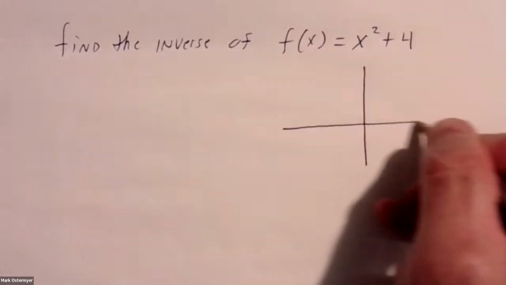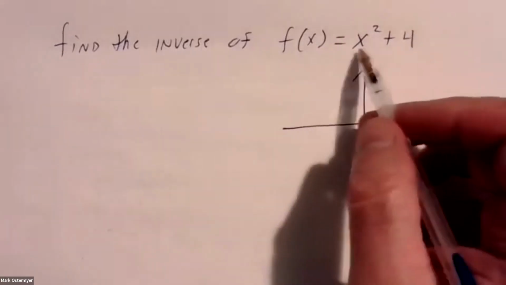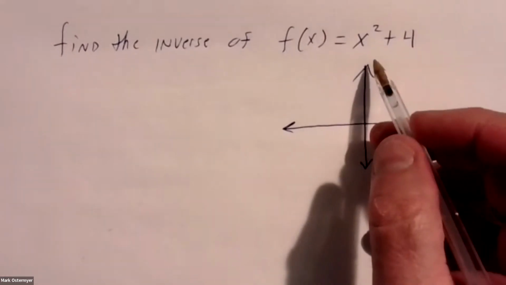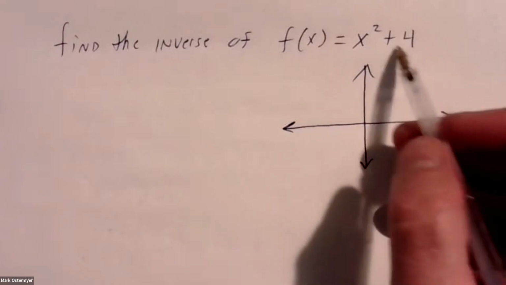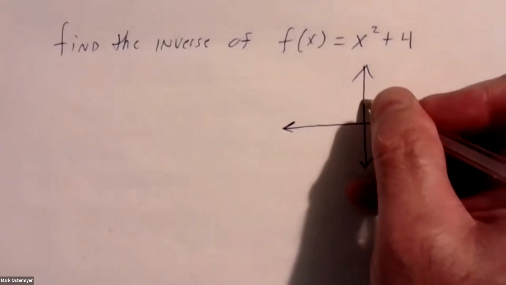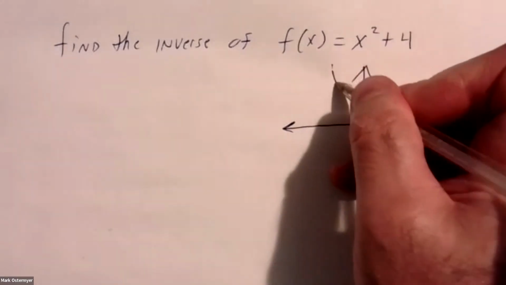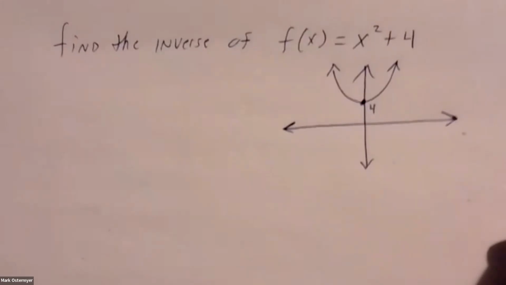Using the parent function g of x equals x squared, what transformation has this function undergone? Looks like the graph has been shifted upwards 4 units. So the vertex point, instead of being at the origin, is now at (0, 4) here. And that would be a quick sketch of the graph of f of x equals x squared plus 4.